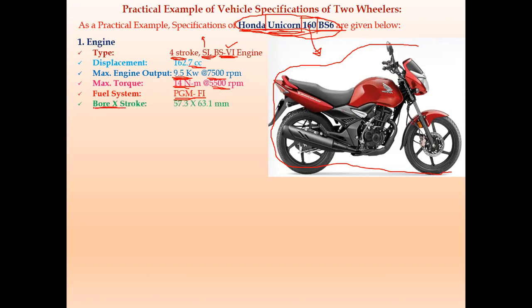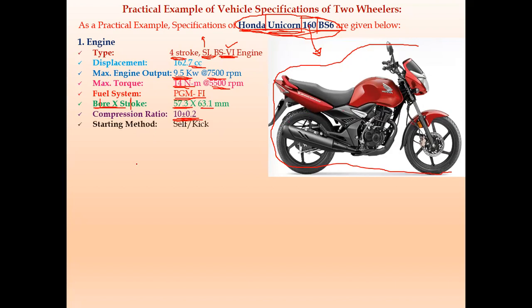The bore is the inside diameter of the cylinder, and stroke is the length or distance traveled from TDC to BDC. It is 57.3 mm bore and 63.1 mm stroke. Next is compression ratio. The compression ratio of this vehicle is 10 plus minus 0.2. So these are the engine parameters.